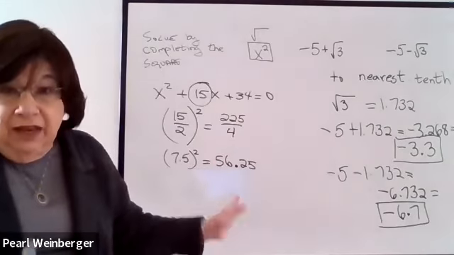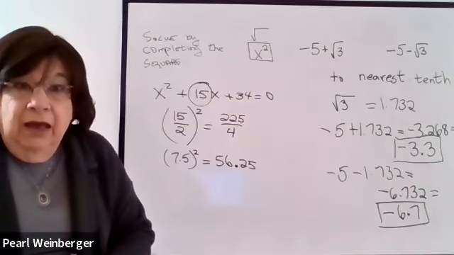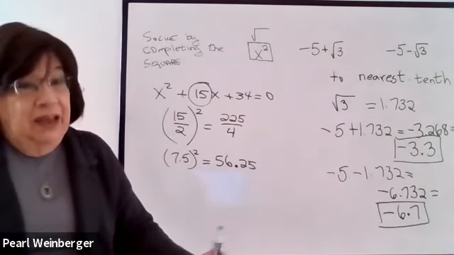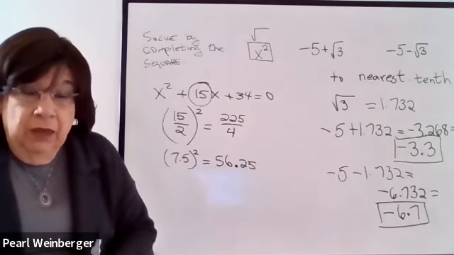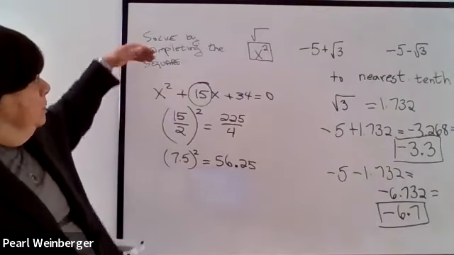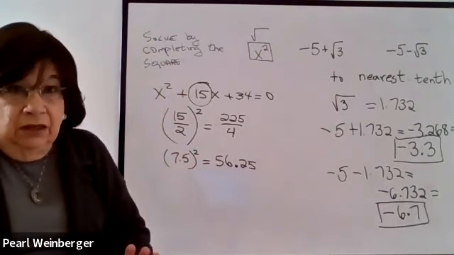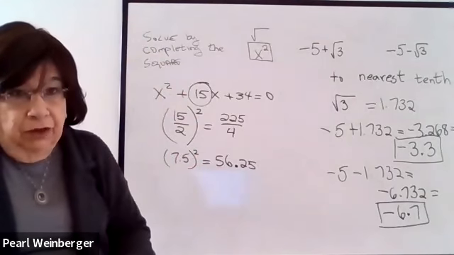Okay, first of all, did that answer your question? Yeah, so the number you have to add is 56.25. Right. That really leads me into what I wanted to discuss today. The completing the square method, as you noticed on the original question I gave you, worked very nicely when you had 2 things going for you.